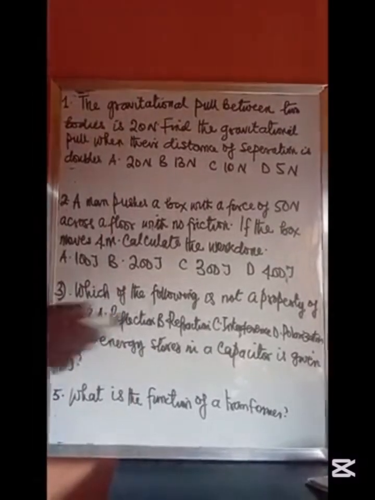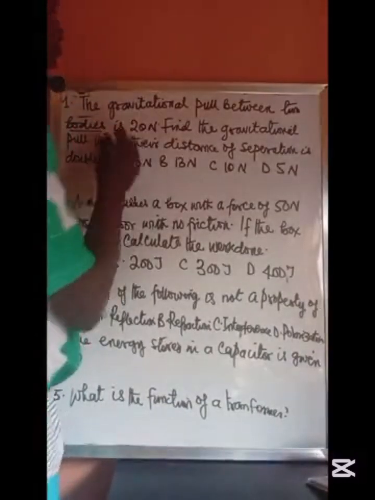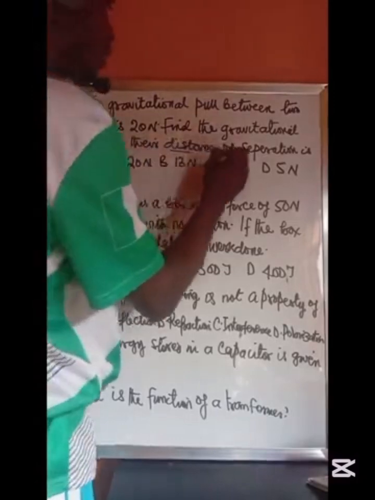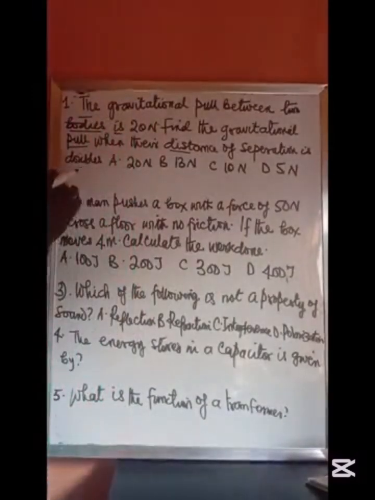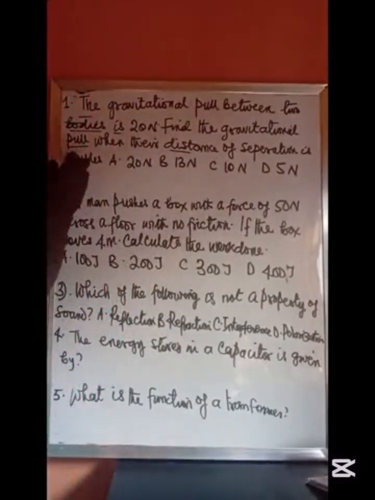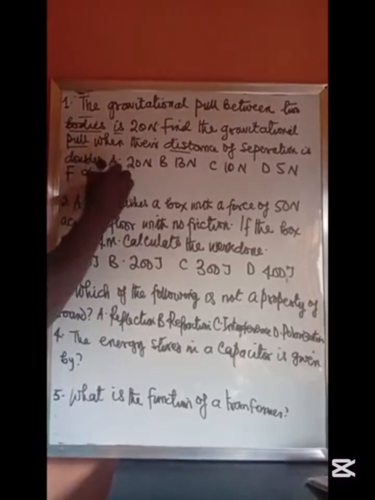The first one says, the gravitational pull between two bodies is 20 Newton. Find the gravitational pull when their distance of separation is doubled. We have the pull at 20, and the distance is doubled. Let's recall that the gravitational pull F is inversely proportional to the square of the distance apart.